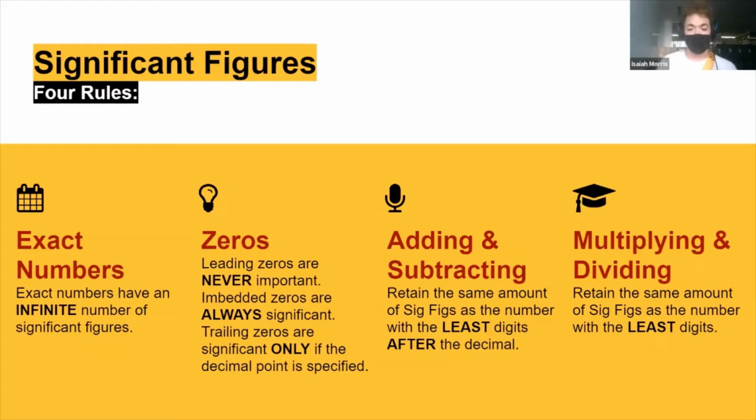Then going into adding and subtracting with significant numbers, you essentially retain the same number of sig figs as the number with the fewest digits after the decimal. We'll see an example of that again in a little bit. And then for multiplying and dividing, you will retain the same number of sig figs as the number with the least amount of digits. I get this is a lot of information. We'll delve into it with an example in the next slide.